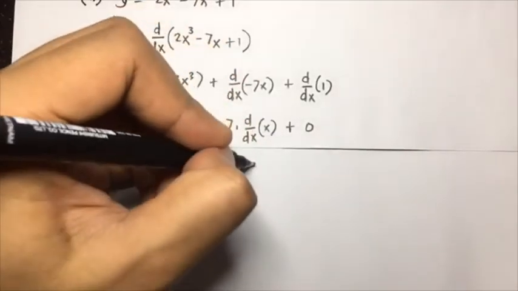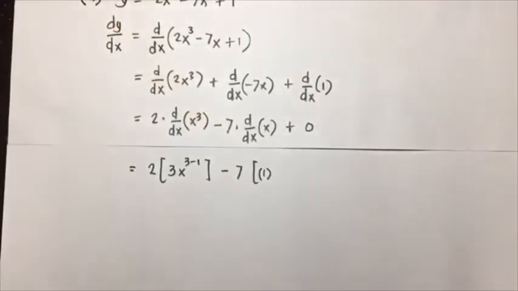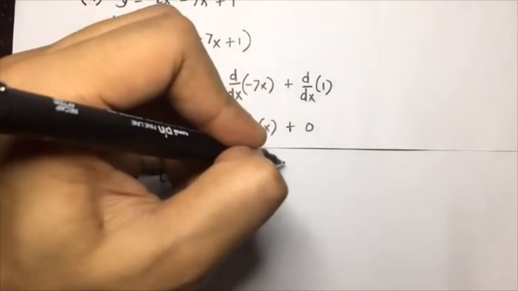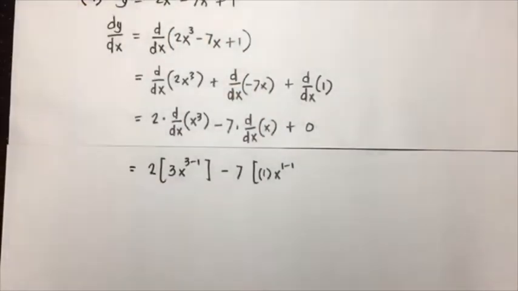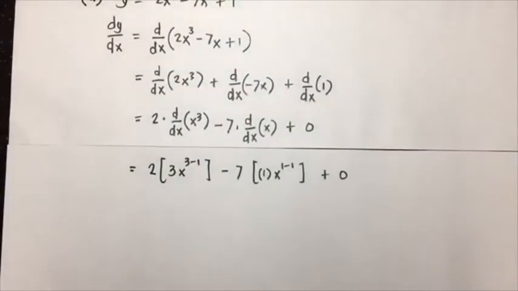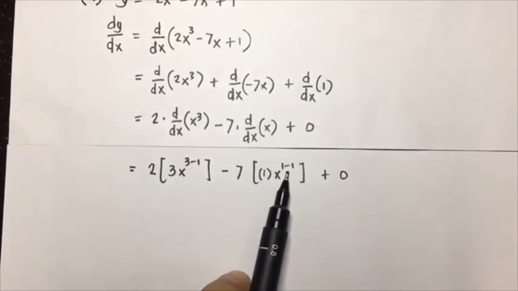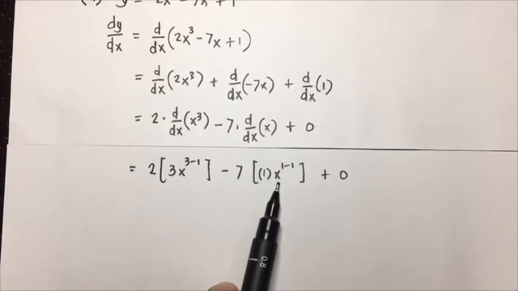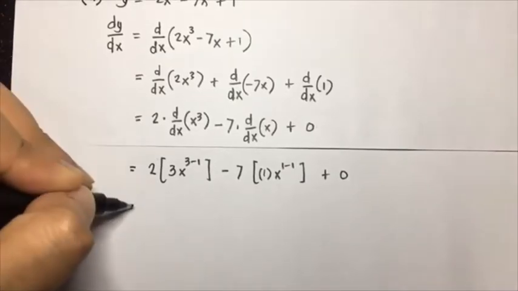Or if you still want to use the power formula, it will become 1 for n times x raised to n, which is 1 minus 1. Plus 0. So this will become x raised to 0, and we know that anything raised to 0 is equal to 1. So this will become 1 times negative 7. So the second term will be negative 7.